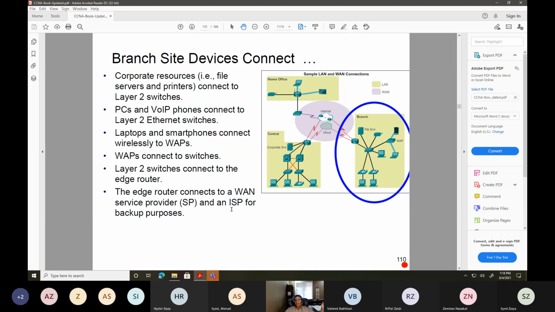So what they're telling you here is, let's suppose you have voice over IP. In a couple of classes ago, I drew the diagram for voice over IP. How does voice over IP get connected? You connect a laptop to your voice over IP phone, and the cable from the phone goes to your wall jack and then to the switch, which is PoE, power over Ethernet, and that's how voice and data go through the same pipe.